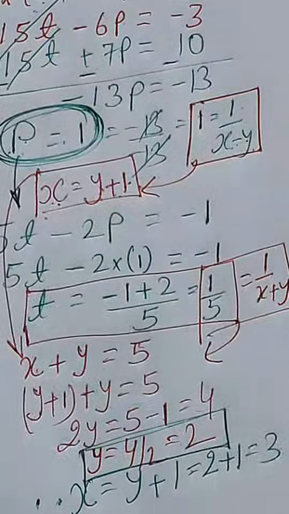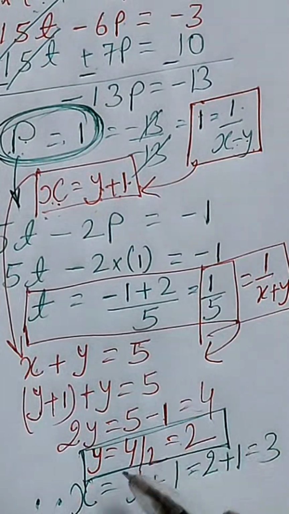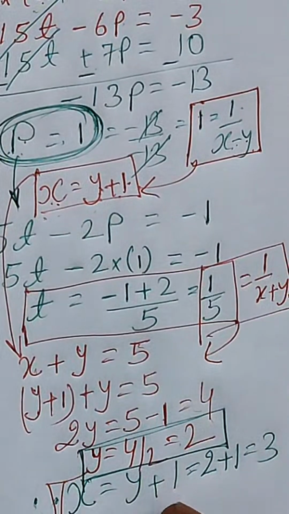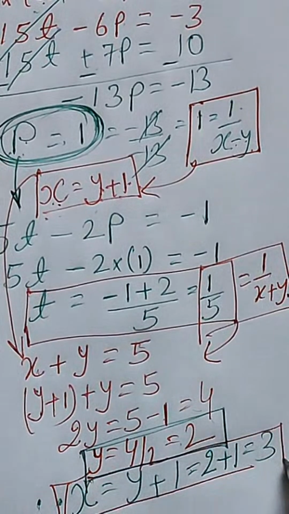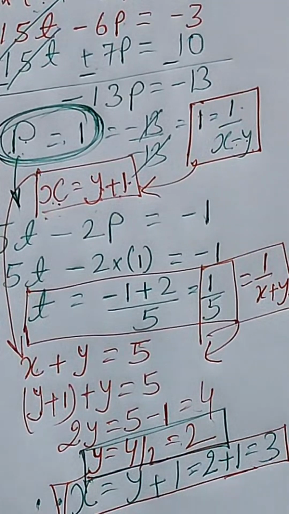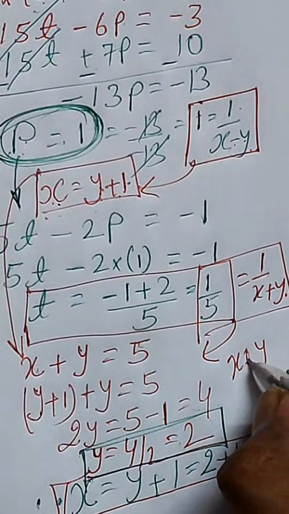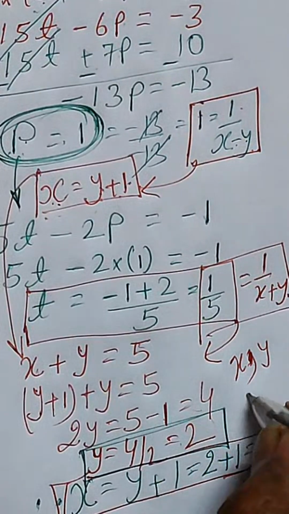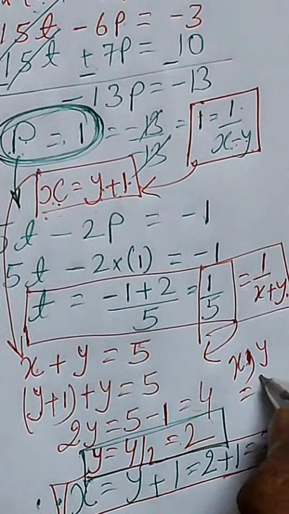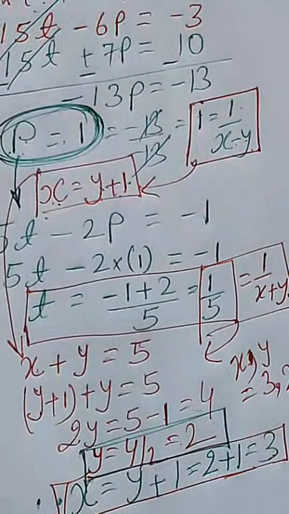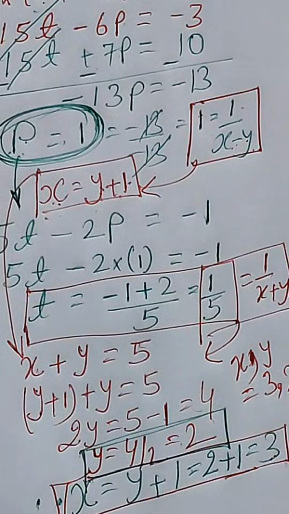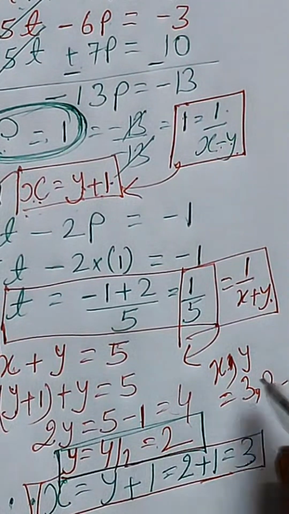So the second variable is calculated, that is x equal to 3. So x and y have the values 3 and 2, right? And this is your answer.